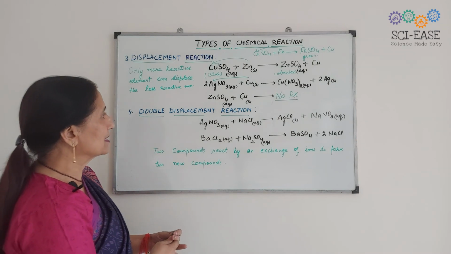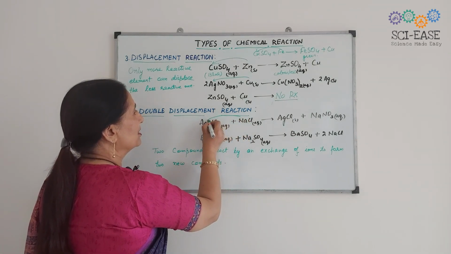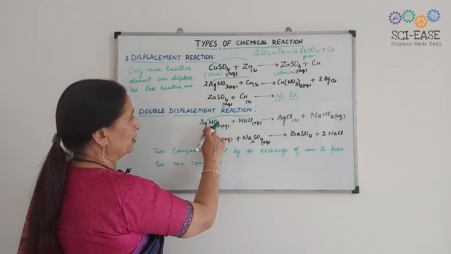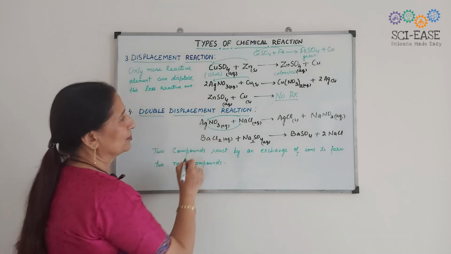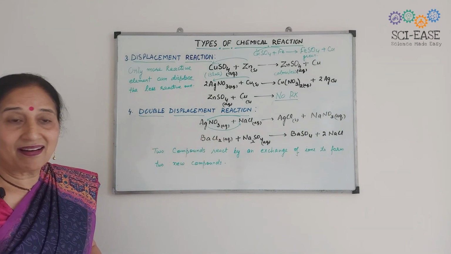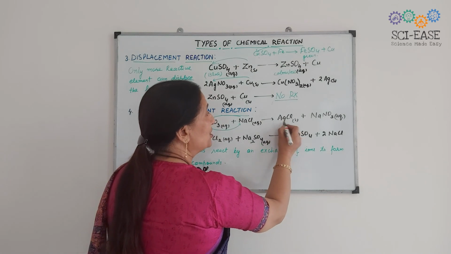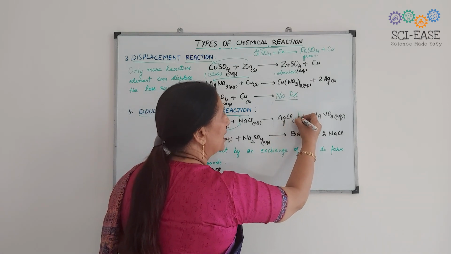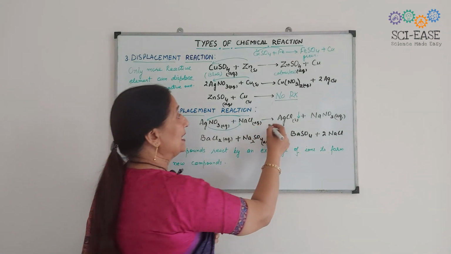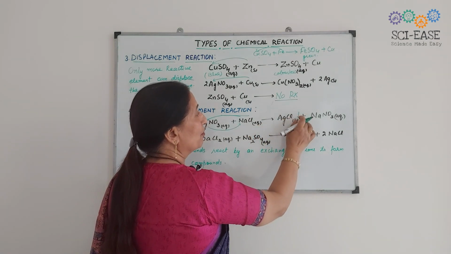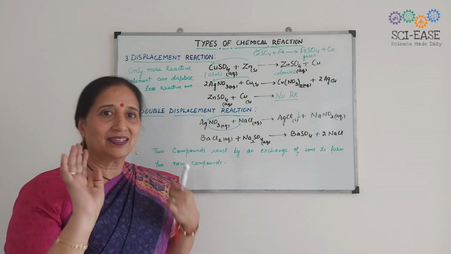What will be the result? Na will come here and result in the formation of NaNO3, and Ag will come here and result in the formation of AgCl. These were aqueous, but here AgCl will settle down. That is, it will form a white PPT, precipitate, and it will settle down.